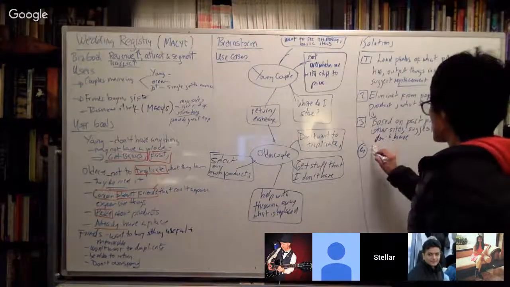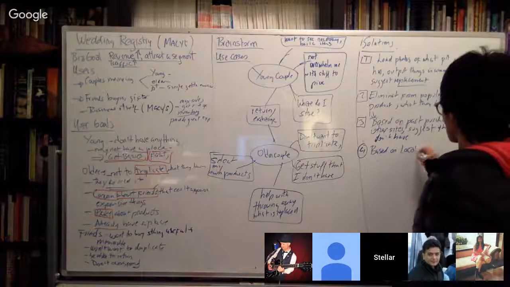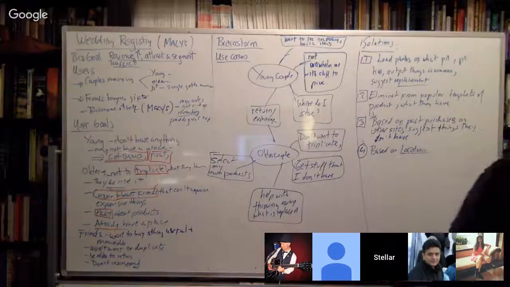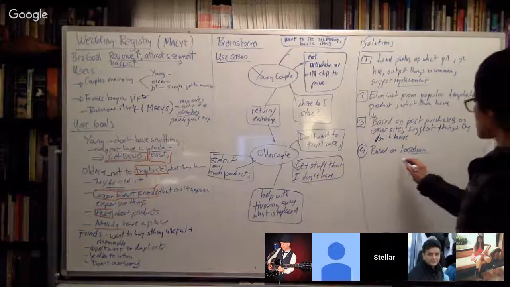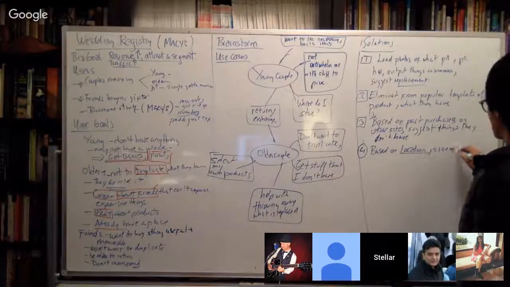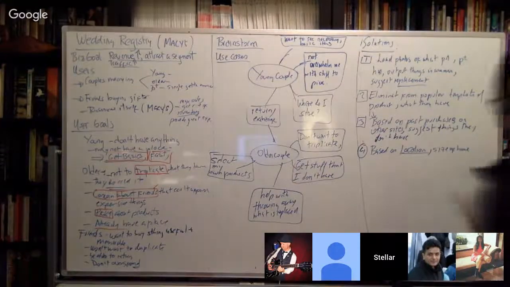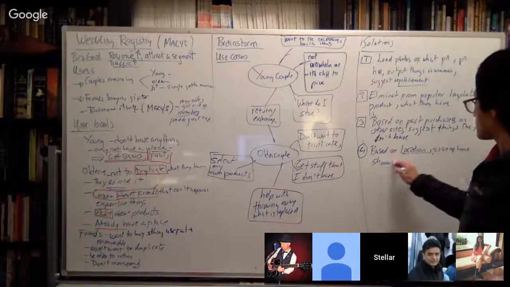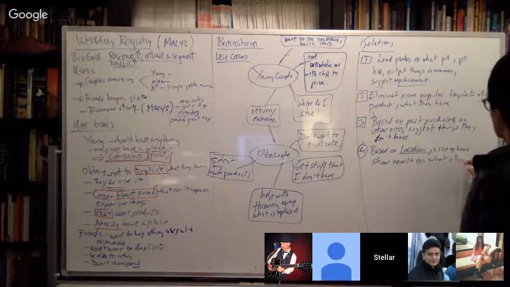So I think that based on location, or where they're going to live, and maybe the size of the apartment or the house, size of home, it can show results of what other couples got.